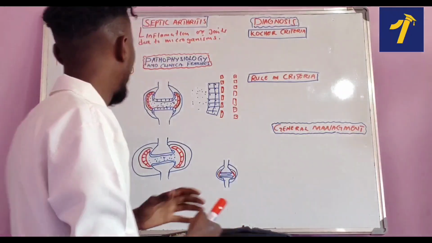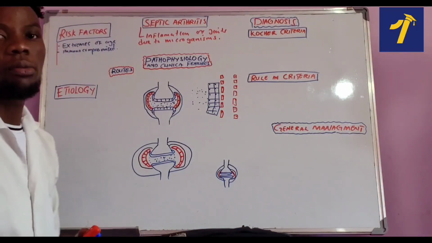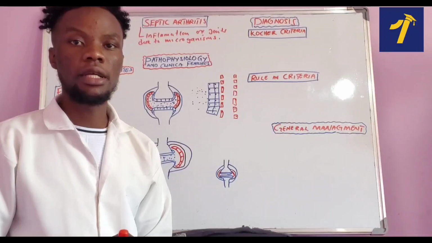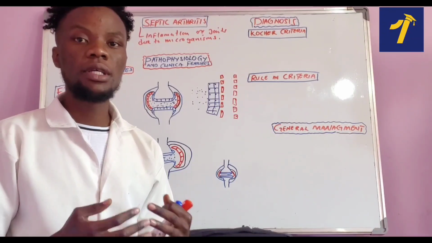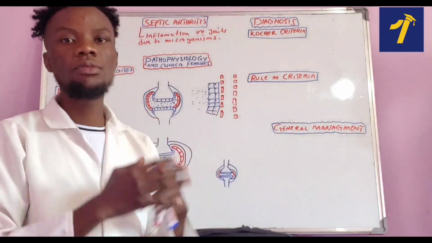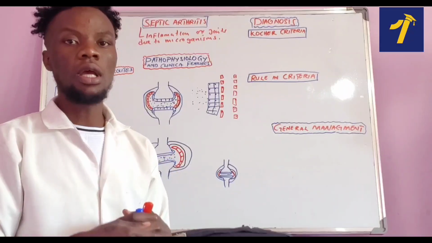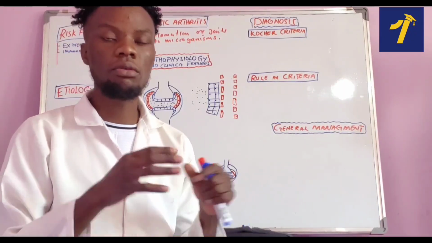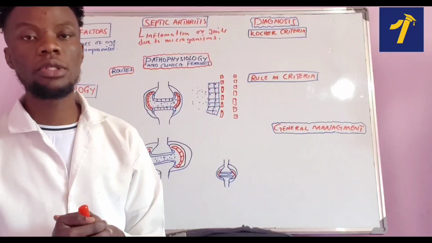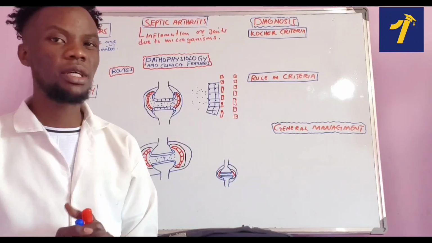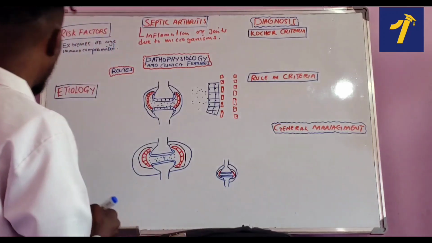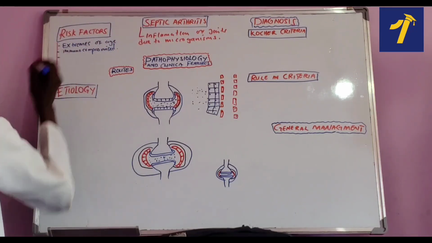A good example is patients with HIV and AIDS. Basically their immune system is decreased, giving more chance for microorganisms to invade and cause inflammation to those joints. No wonder immunocompromised patient is one of the risk factors. Okay, let's go to another one.